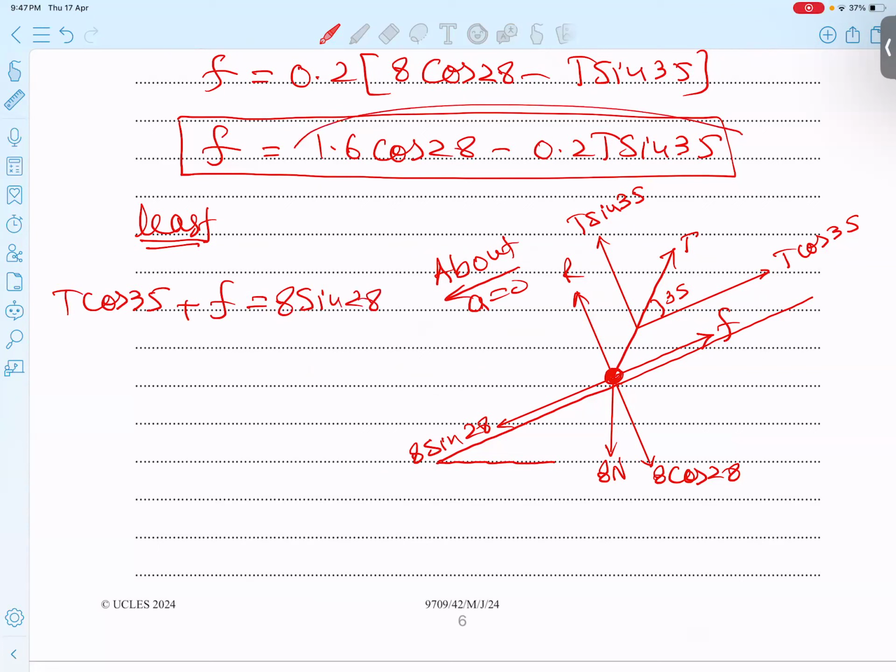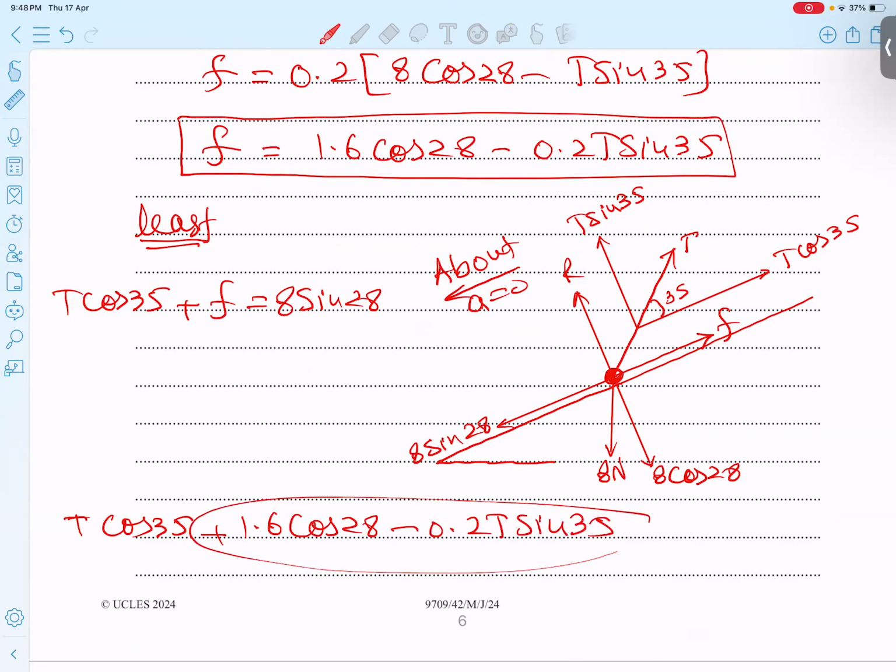Now I bring the friction force in place, and I'm writing here T cos 35, and friction force 1.6 cos 28 minus 0.2 T sine 35. This value I kept for the friction, and it equals 8 sine 28.